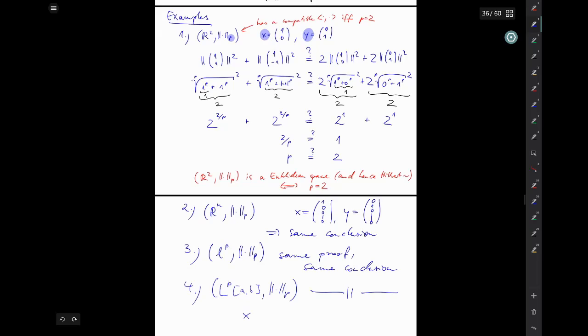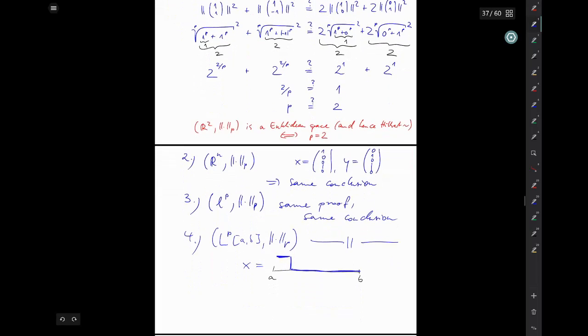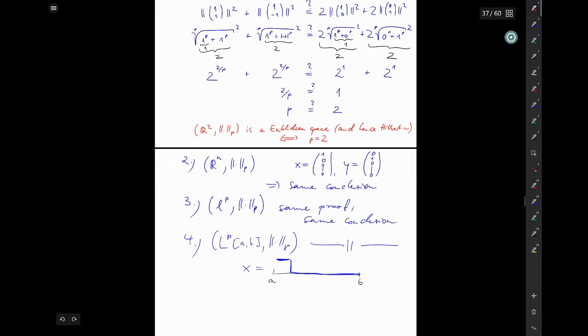This time you could take x as a function which over the interval from a to b is 1 first and 0 then, and as a function y you would take one that is first 0 and then 1, and then it might or might not go back to 0.